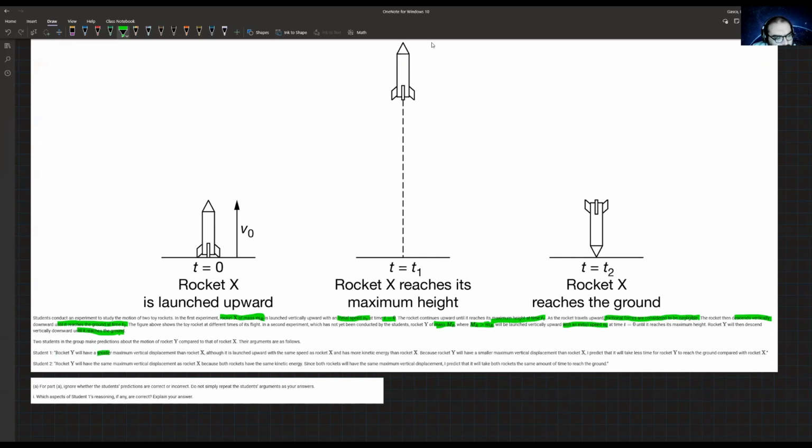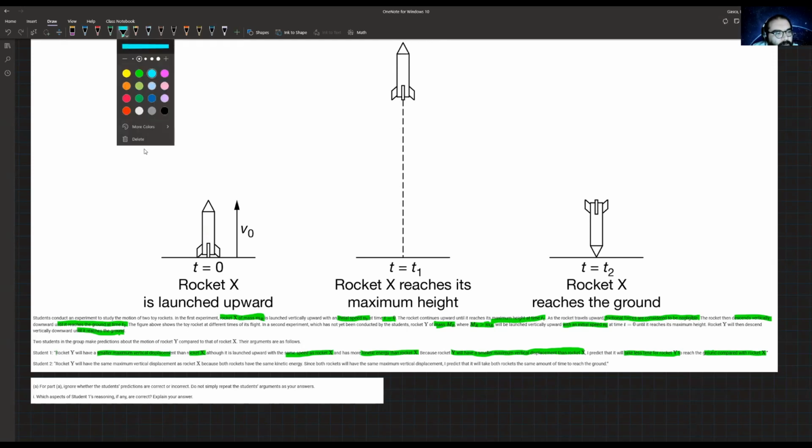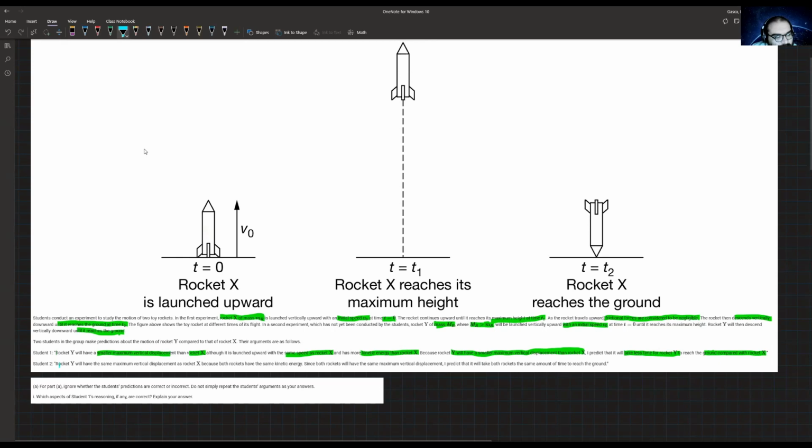Student 1: Rocket Y will have a smaller vertical displacement than rocket X. Although it is launched upwards with the same speed as rocket X, it has more kinetic energy than X, because rocket Y will have a smaller maximum vertical displacement than rocket X. I predict that it will take less time for rocket Y to reach the ground compared to rocket X. Student 2 says, rocket Y will have the same vertical displacement as rocket X because both rockets have the same kinetic energy.